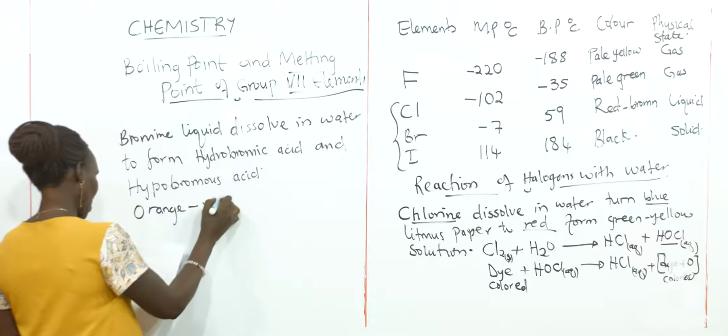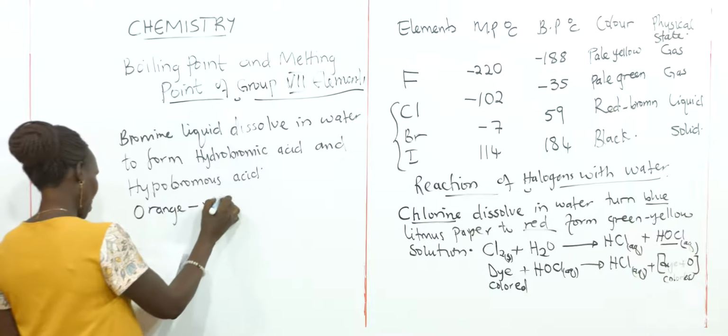So when you react bromine with the water, it will form hydrobromic acid and hypobromous acid.